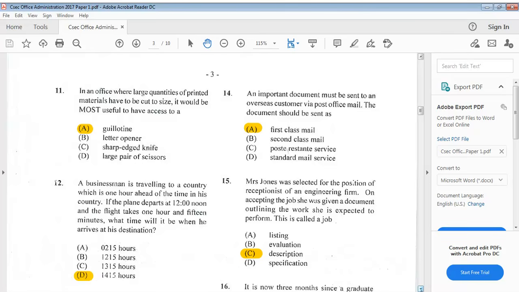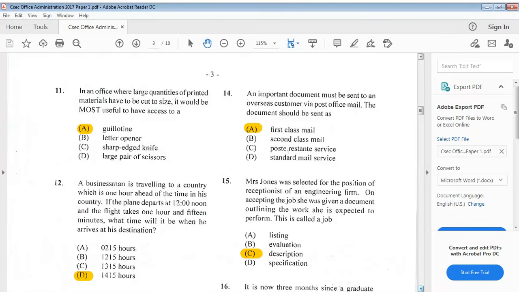A businessman is traveling to a country which is 1 hour ahead of the time in his country. If the plane departs at 12 noon and the flight takes 1 hour and 15 minutes, what time will it be when he arrives at his destination? A. 2:15 hours.